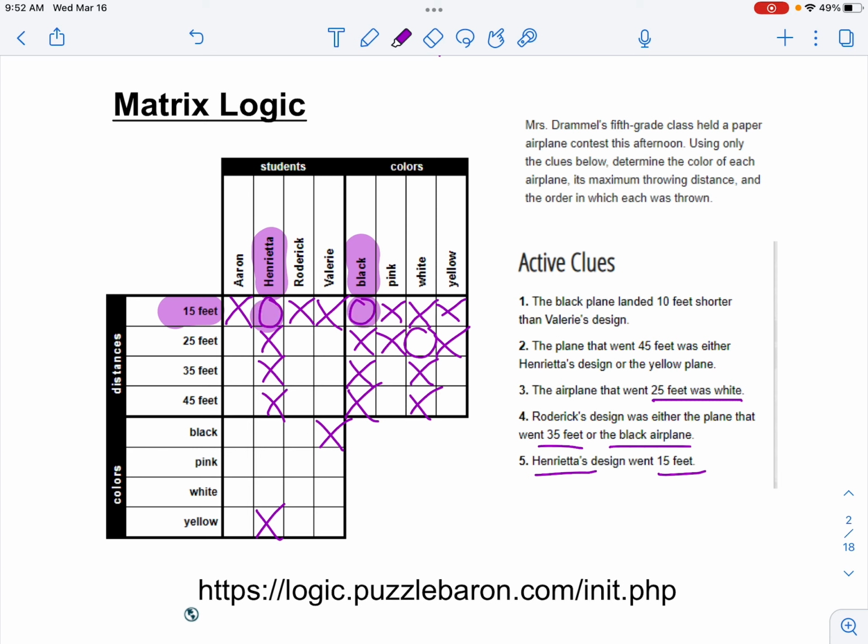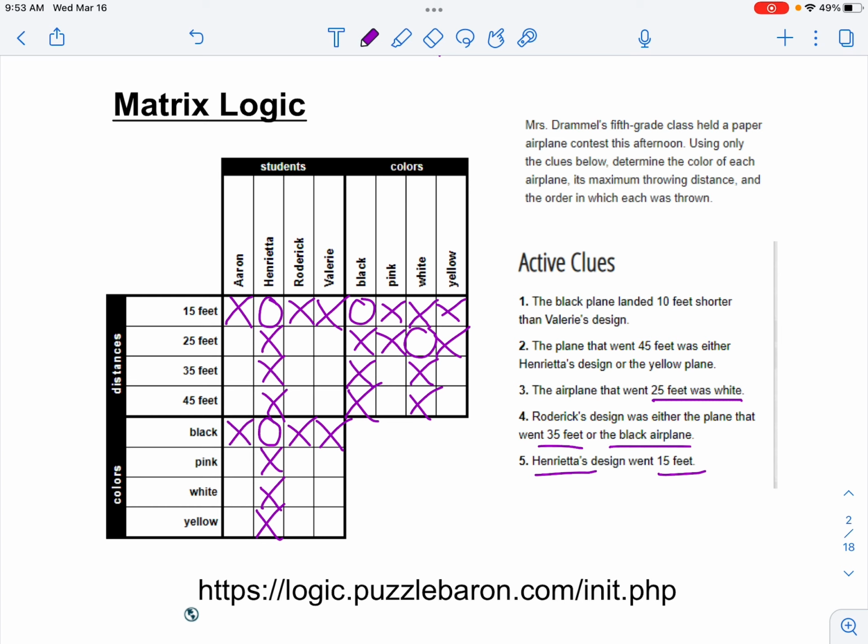Therefore, Henrietta's plane must have been black. That's kind of like the transitive property in action. If Henrietta's went 15 and the 15 went black, that means Henrietta's was black. Remember the transitive property from geometry? That's using cross logic. So we put a circle where Henrietta and black meet up, X down the column, X across the row.